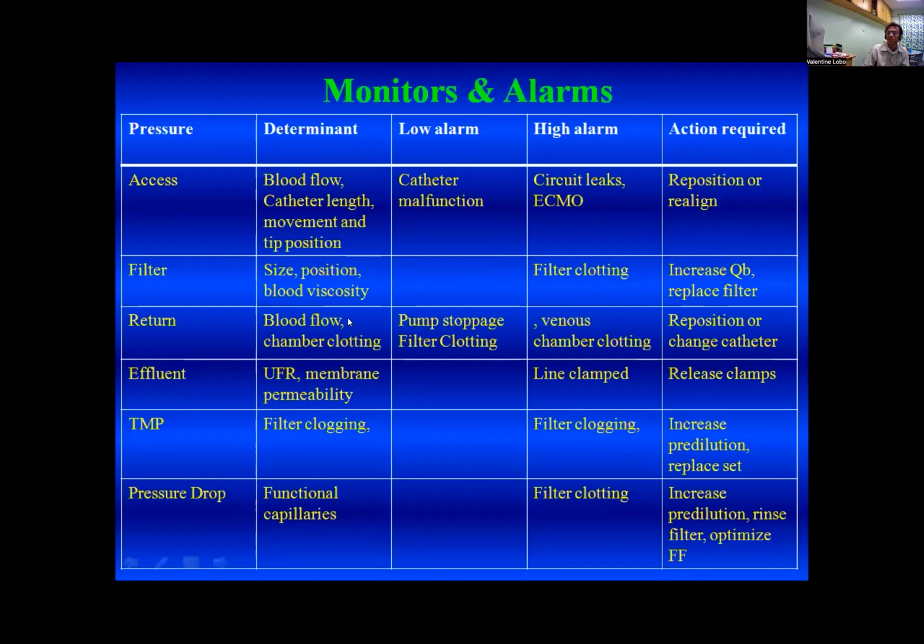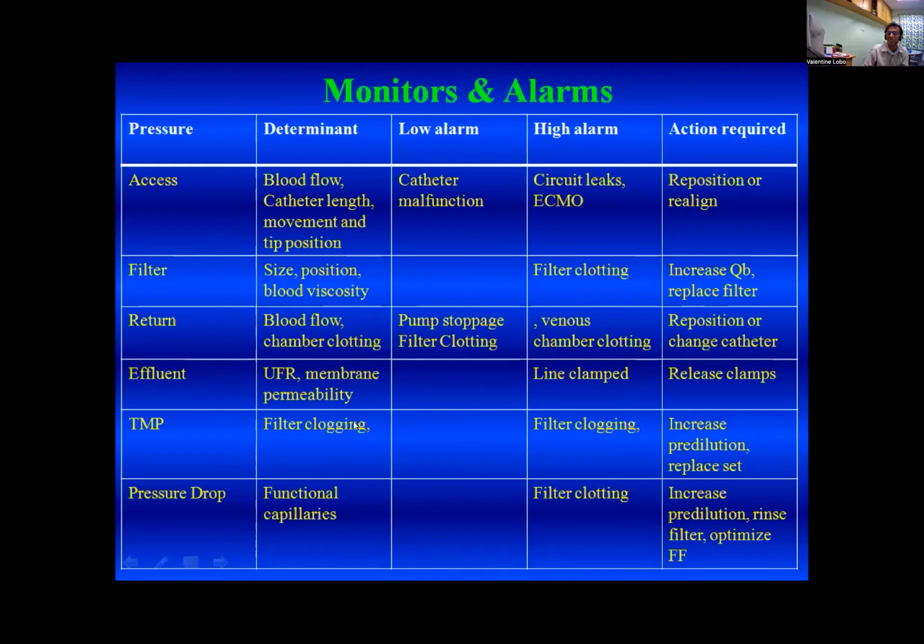Return pressure is determined by the pressure on the return circuit, and accordingly the blood flow, and of course the return pressure will be increased when the chamber starts to clot. The effluent pressure is only determined by the effluent pump, which is driving the effluent across the membrane, and it can only be high if by accident the line were to be clamped.